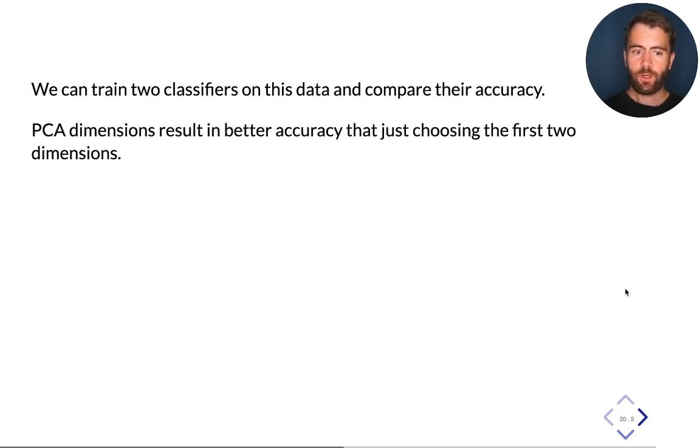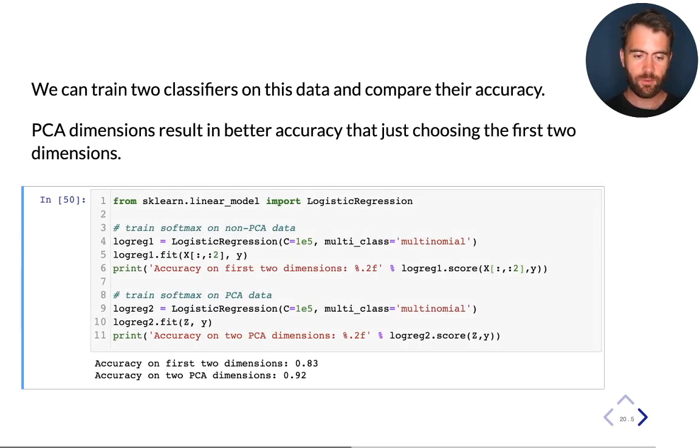One way to verify that PCA is giving us a better projection, a better two-dimensional visualization of the data than just taking the first two dimensions, and a representation in which the data is reasonably well split, is that we can train classifiers over this data. So here I'm training a softmax classifier only on the data without PCA that only uses the first two dimensions, which is the kind of projection we have been using so far in all of our examples in this lecture.